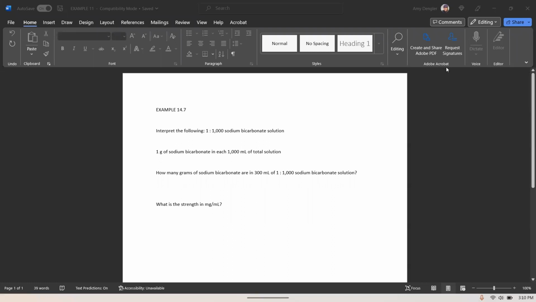So we have example 14.7, interpret the following 1 to 1000 sodium bicarbonate solution. And we're gonna interpret that to 1 gram of sodium bicarbonate in each 1000 milliliters of total solution. And how many grams of sodium bicarbonate are in 300 ml of a 1 to 1000 sodium bicarbonate solution?